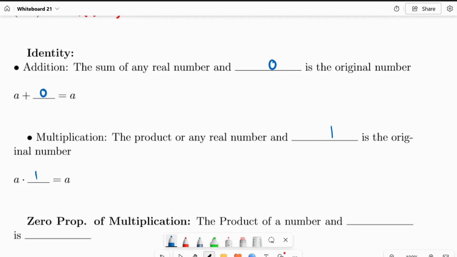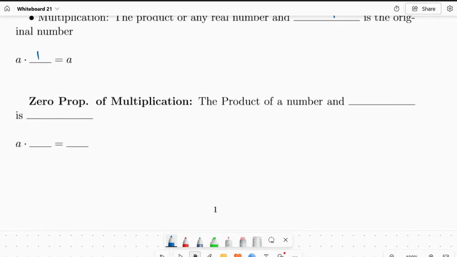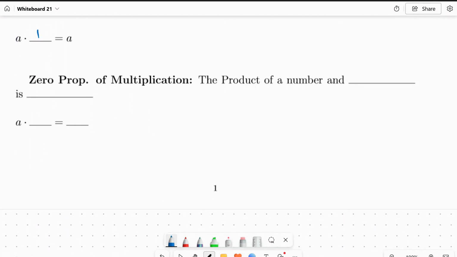The next one is only a multiplication property. The 0 property of multiplication says that the product of a number and 0 is 0. So remember, if I took any number times 0, I'm going to get 0 as my answer.